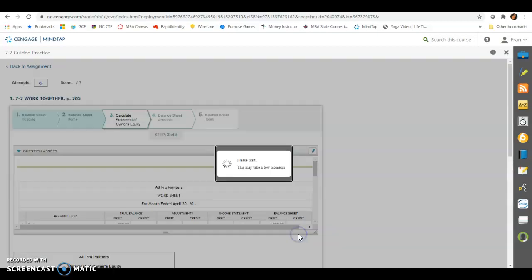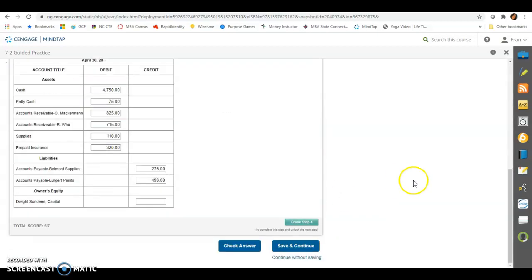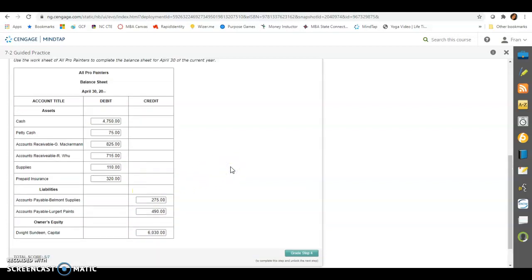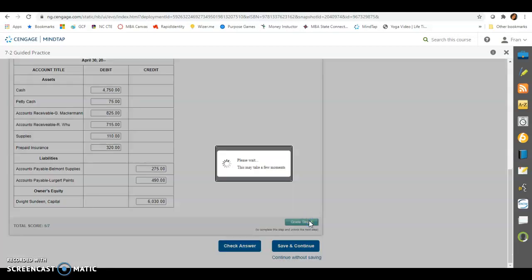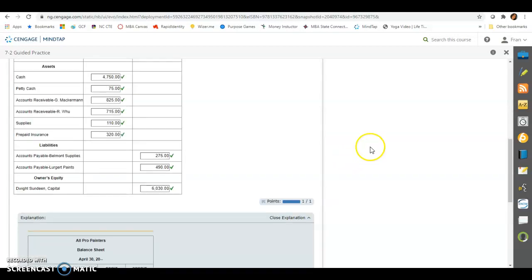I hope they didn't really wipe out all my stuff that I put in here. Please tell me it didn't. Yes. All right. So, $6,030. All right. So let's grade her and see what we got. All right, we're good.